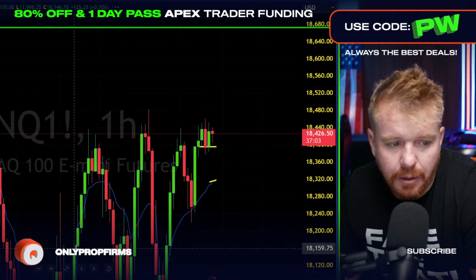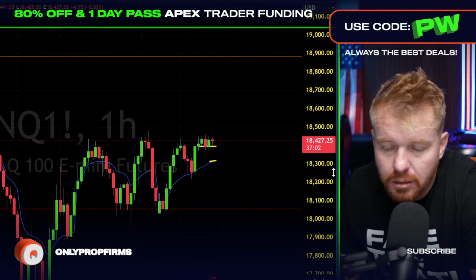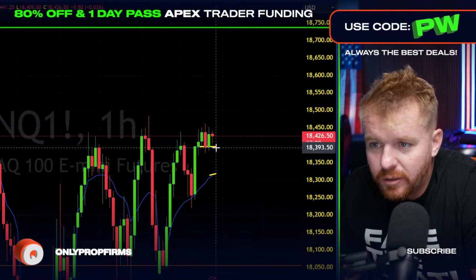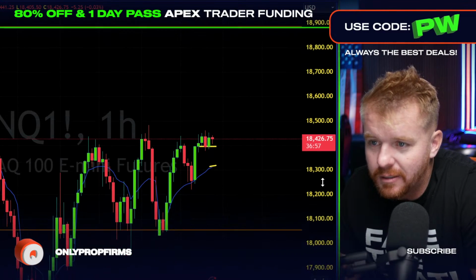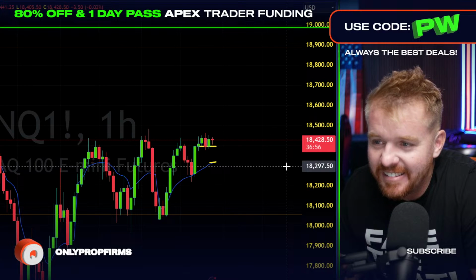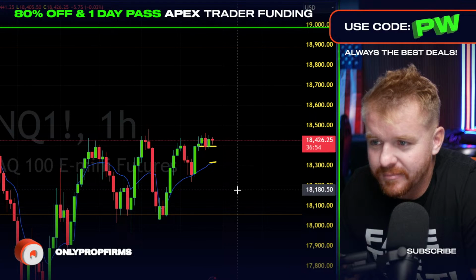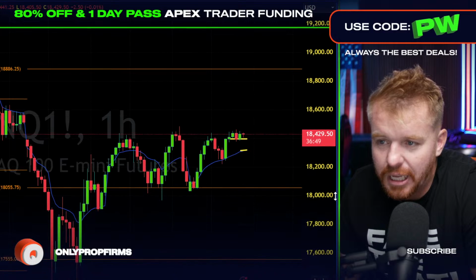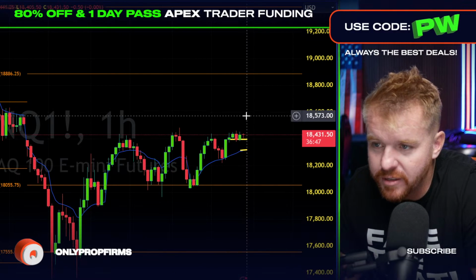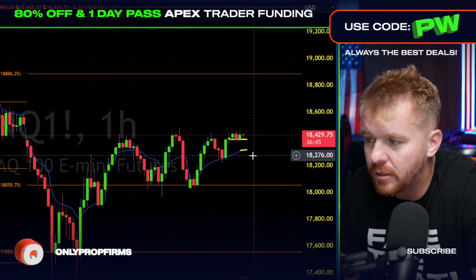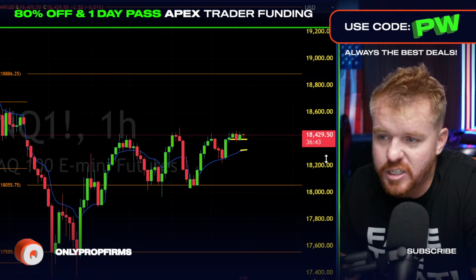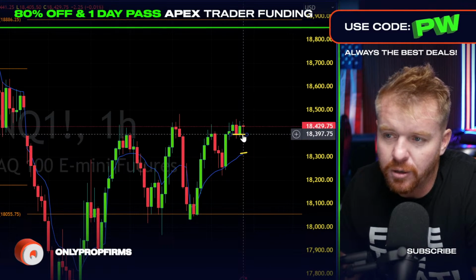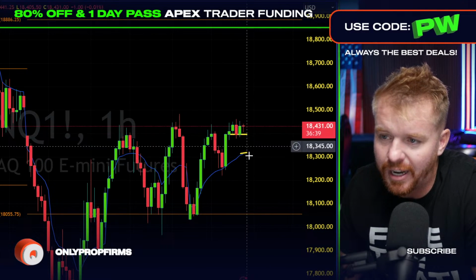If we look at the bigger time frame as well, this hourly chart, if I was a new trader, I'd be pretty bullish on this idea of it breaking out from here. But as an experienced trader, I've been burnt enough times on these types of setups.